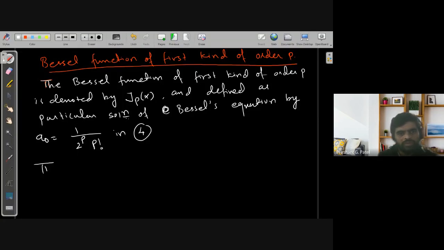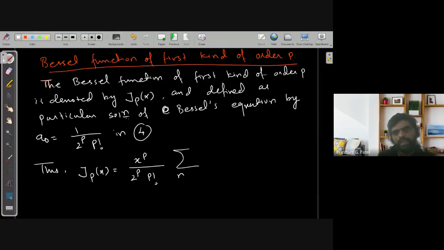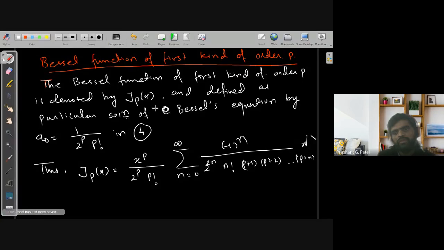So thus, this Jp of x is x raised to p upon 2 power p into p factorial summation n running from 0 to infinity minus 1 raised to n upon 2 power 2n n factorial p plus 1 p plus 2 up to p plus n into x raised to 2n is there.